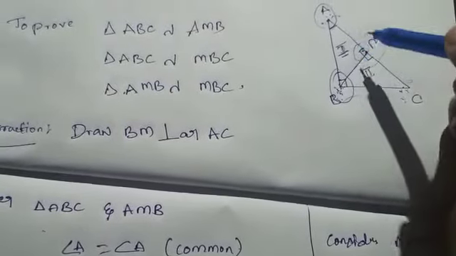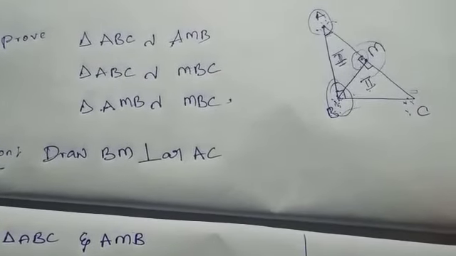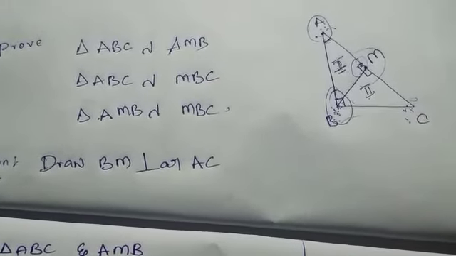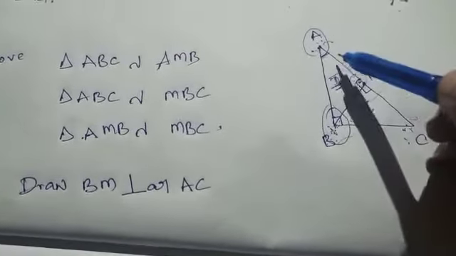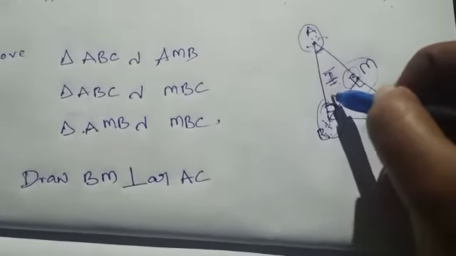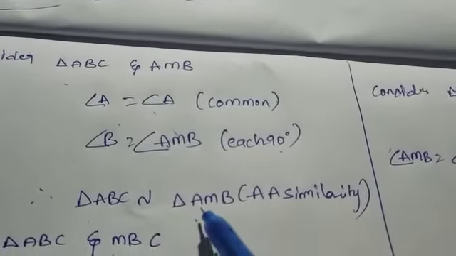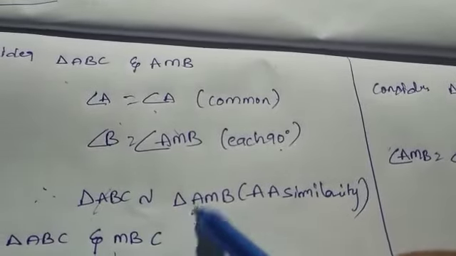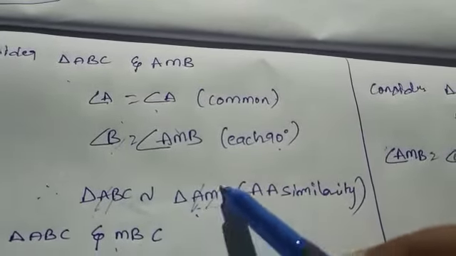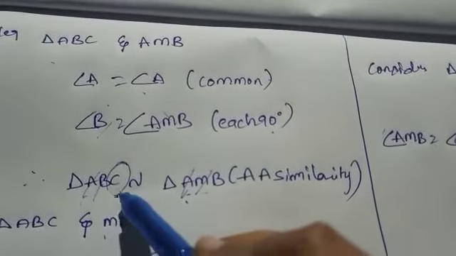Okay, in both the triangles, corresponding two angles are equal, so the corresponding third angle is also equal. Angle C equal to the third angle, angle C equal to B.